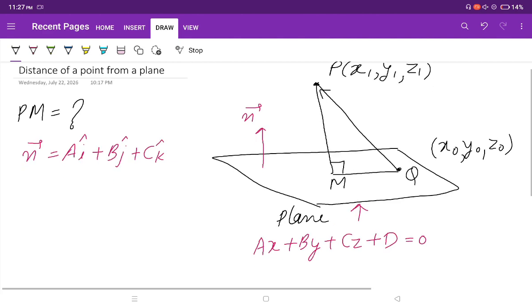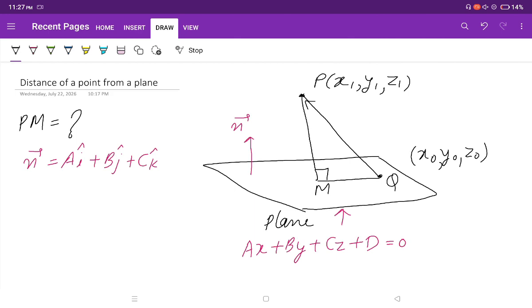So to calculate this distance PM, PM is along n vector, as n vector is perpendicular to the plane and PM is also perpendicular to the plane, which implies that the perpendicular distance PM should be parallel to n vector.